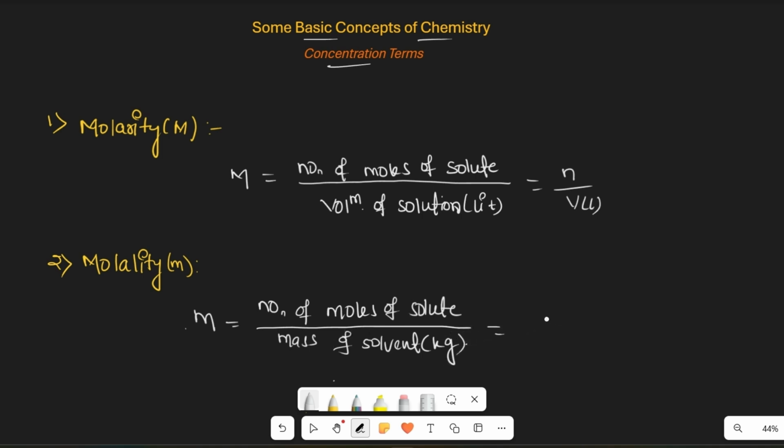You can write the formula this way: number of moles by weight or mass of solvent in kgs. Fine. If they give the mass of the solvent in grams, you can just multiply this by 1000. So these are the two concentration terms that we have discussed. Now let's discuss a few more.